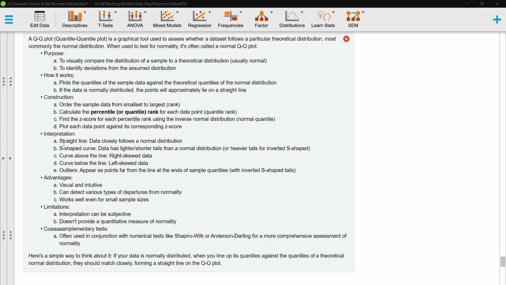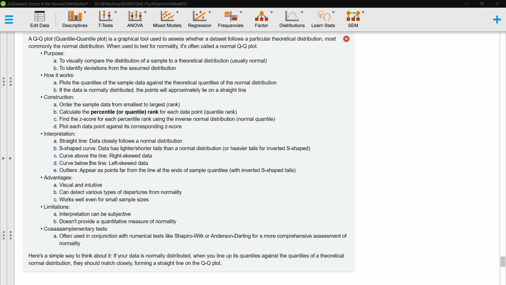If the scatter plot is an S-shaped curve, the interpretation is that the data has lighter, shorter tails than a normal distribution, or heavier tails for an inverted S-shape. A curve above the line indicates right skewed data, and I will show you an example.